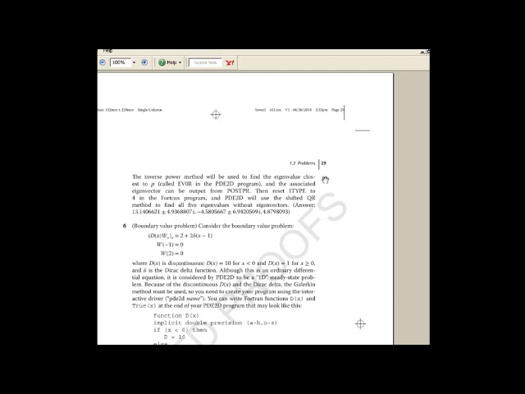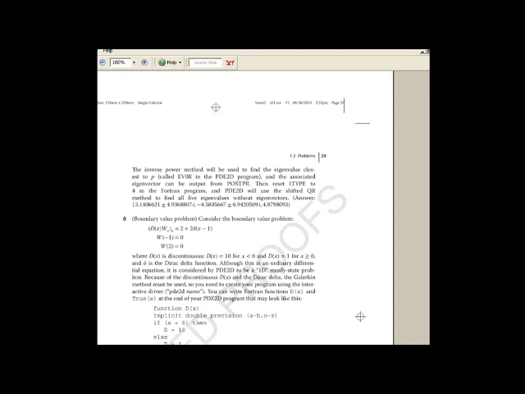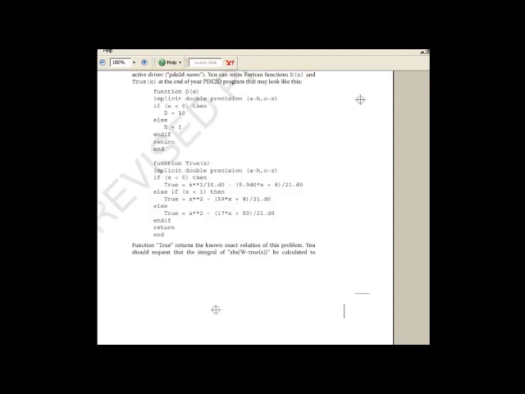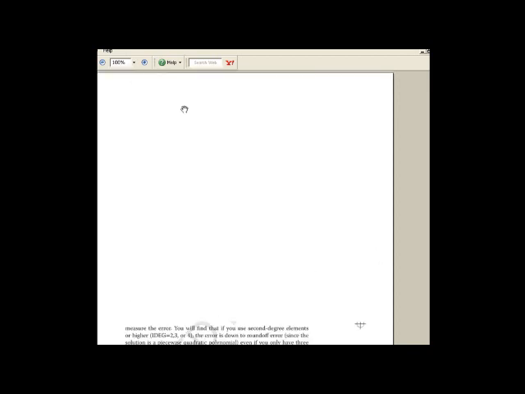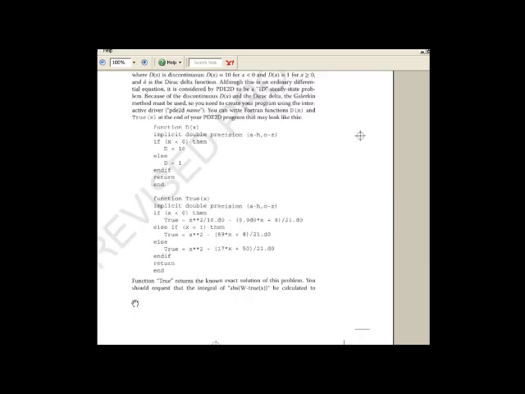And you'll have to write a couple of Fortran functions because the d is discontinuous, which means you'll have to define a Fortran function d of x, which is 10 when x is less than 0 and 1 when x is greater than 0.